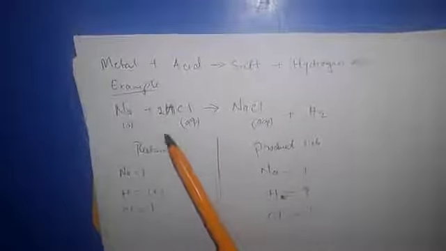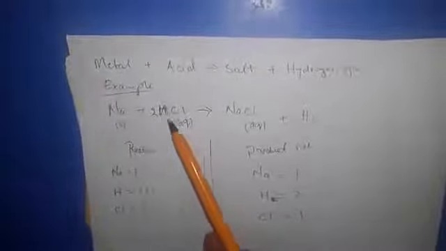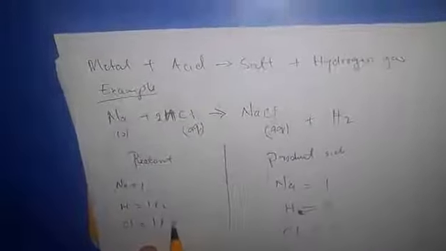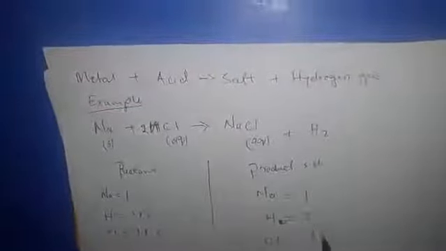But look at this, the 2 applies to hydrogen and chlorine. So we also have 2 chlorines now on the reactant side. So we multiply by 2 on the product side as well. This means we have 2 chlorines on this side.